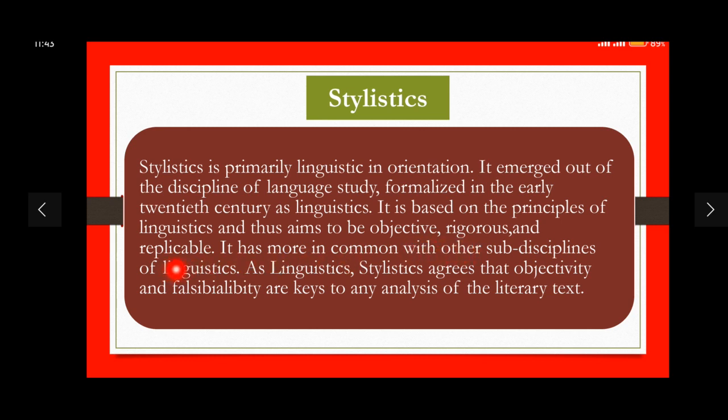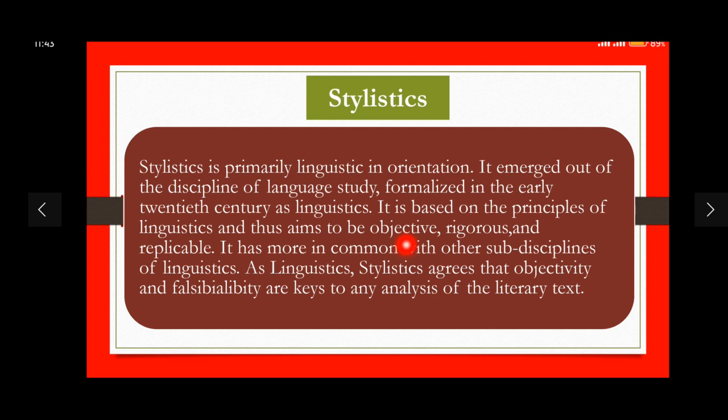As we know that linguistics is objective, stylistics is also objective. And stylistics is based on three main principles. One is objectivity. When you come to a conclusion and someone else comes to a conclusion, you will come to the same conclusion.